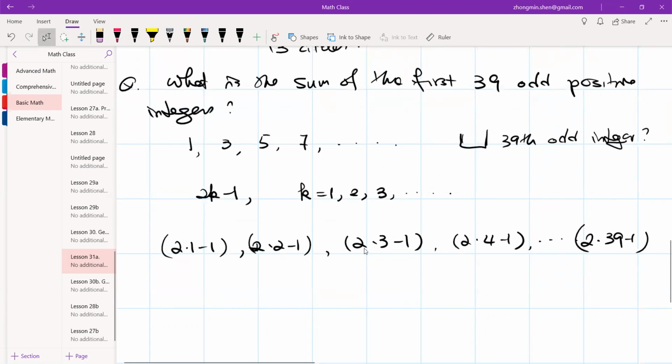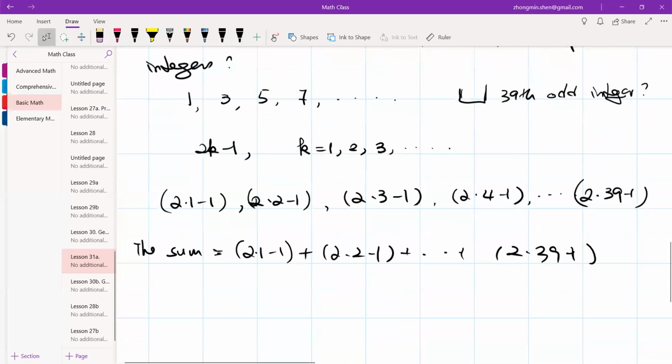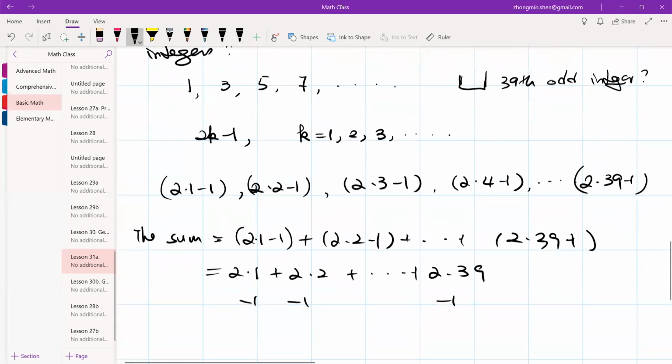So you add them together as a sum. If you express odd numbers in this form, let's rewrite this again, then you can easily add all the numbers together by regrouping them, with minus 1, minus 1, minus 1.